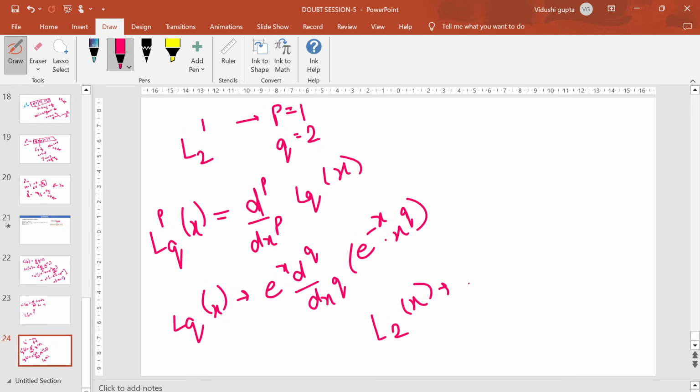So L2X is e^x, and substituting the values, d power Q with Q as 2, so it will be d2 upon dx2 multiply e^-x into x square.